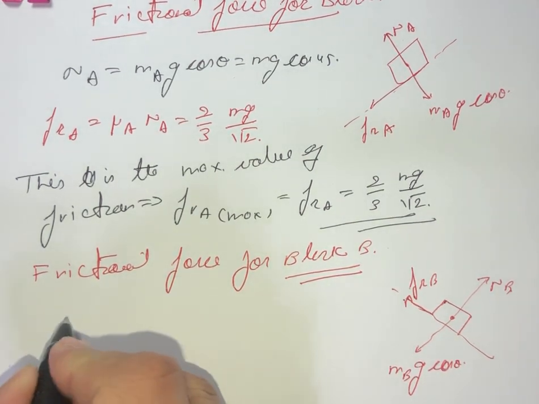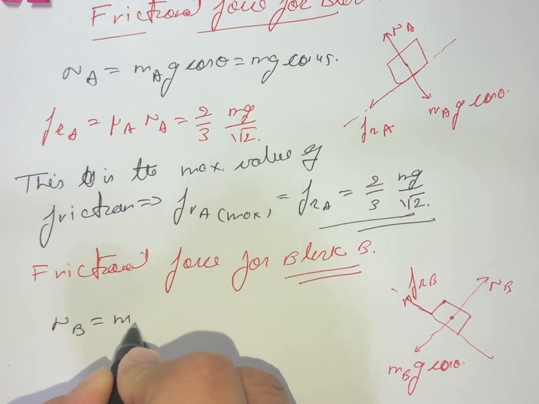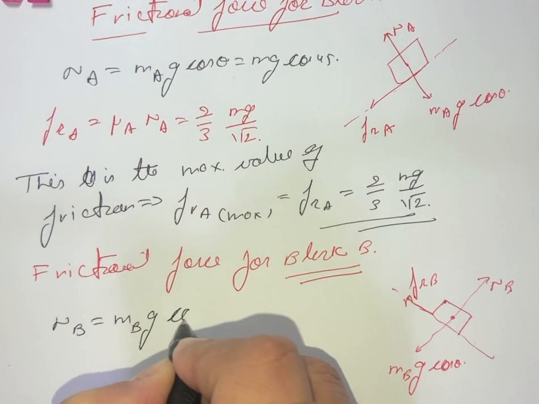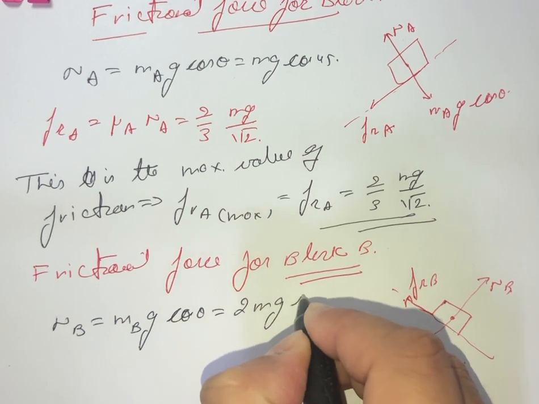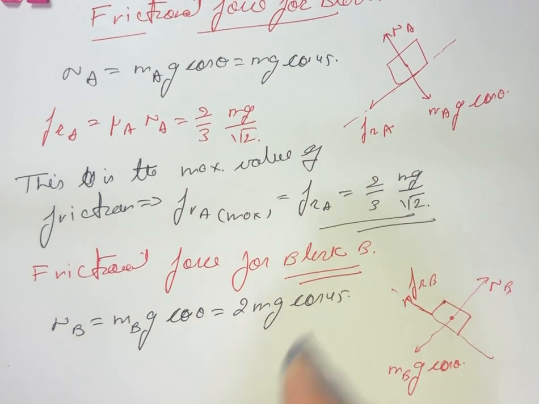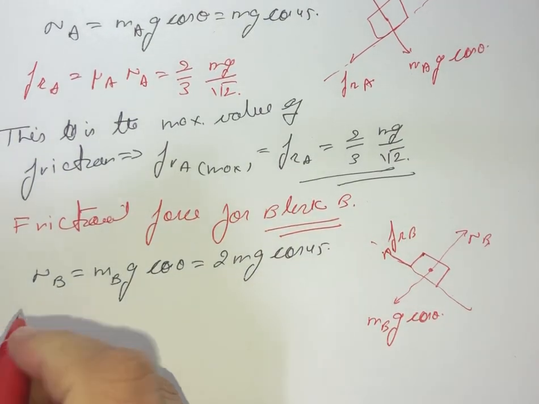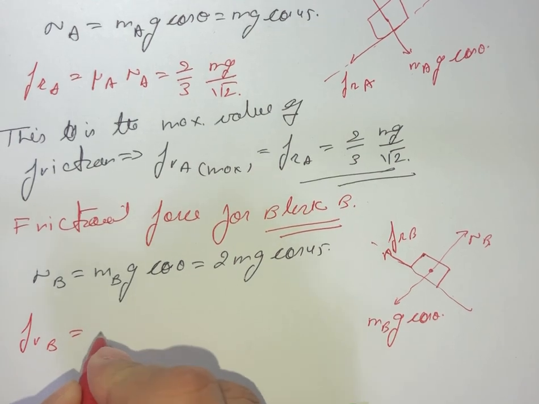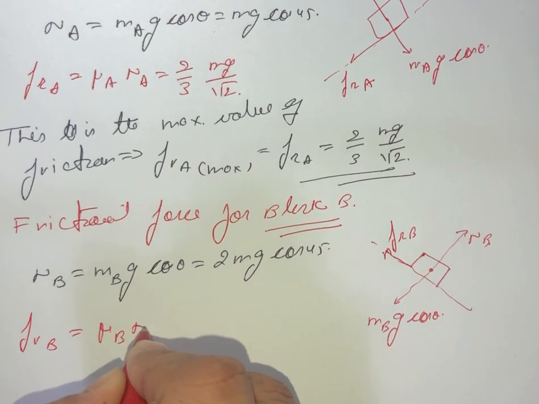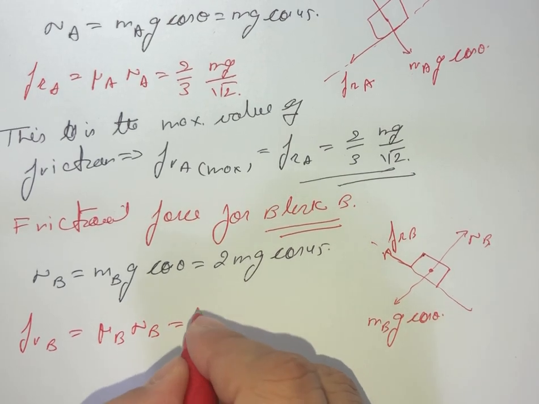From here NB is equal to MBG cos theta, which is 2mg cos 45. Therefore FRB is equal to mu B NB, and mu B is given as 1 by 3.